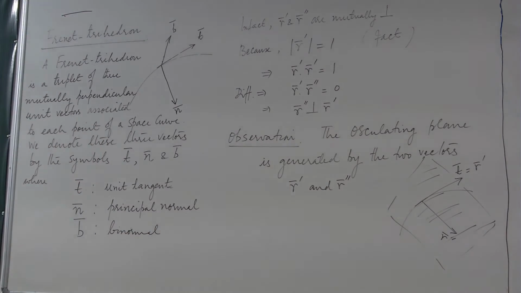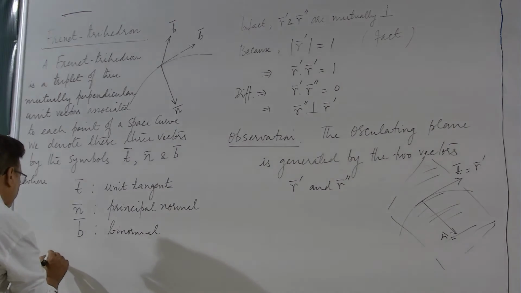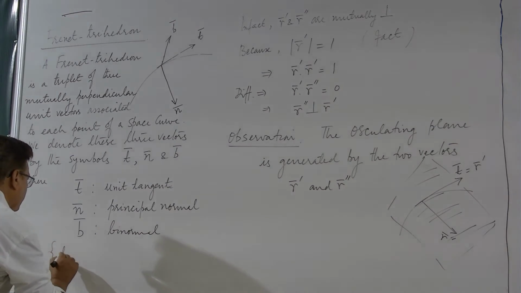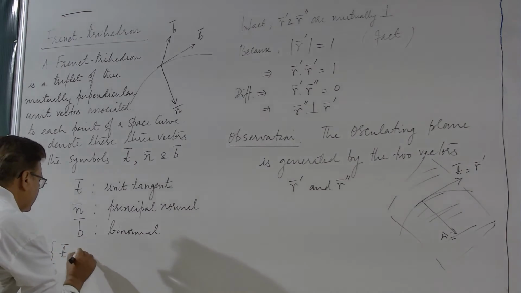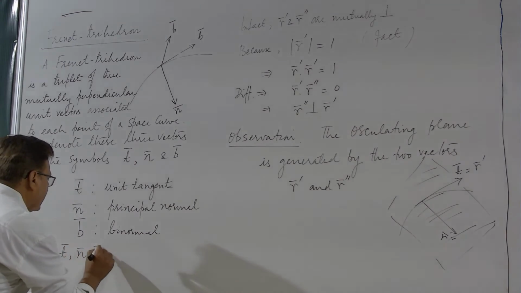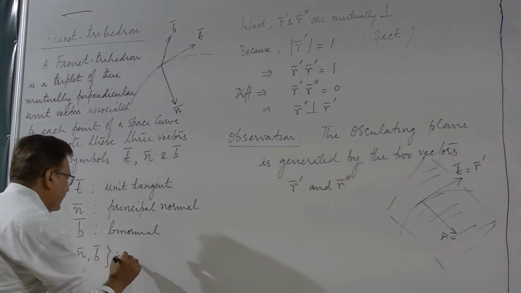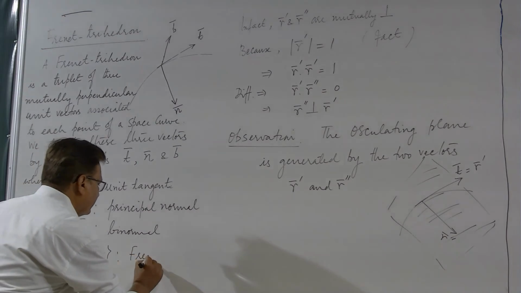And these three vectors in fact form a right-handed system. So, the Frenet trihedron becomes a set of three vectors T, N and B, and this set I will be calling the Frenet trihedron.